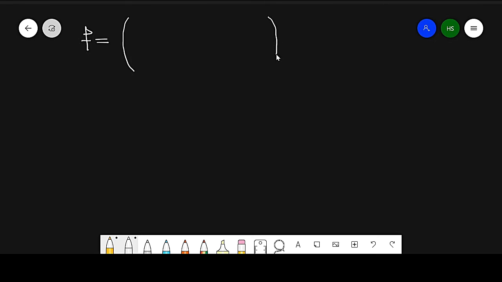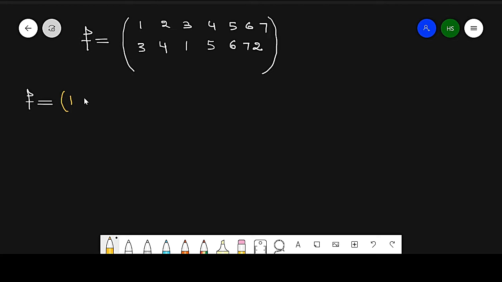So this is 1, 2, 3, 4, 5, 6, 7, mapping to 3, 4, 1, 5, 6, 7, 2. Now first write it in cycles. How will we write it?